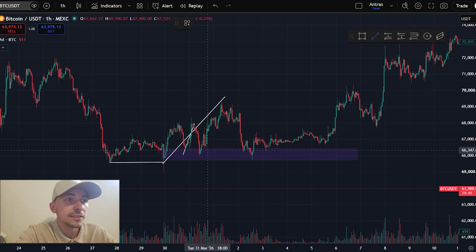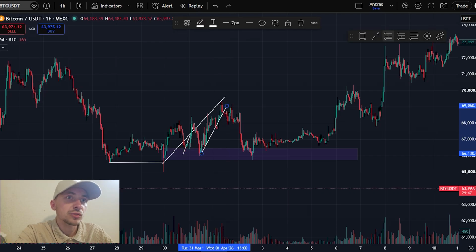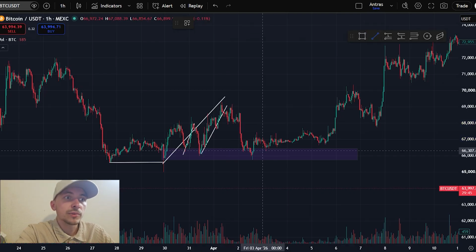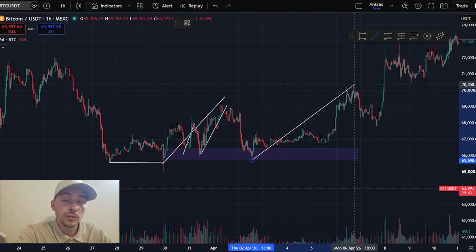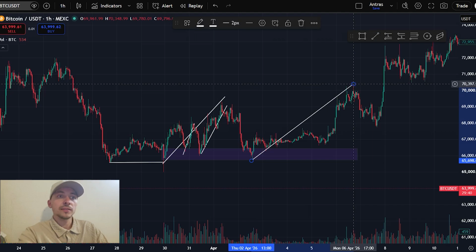As I'm saying, it's kinda the same as support and resistance, but support and resistance you're drawing on the bigger time frame. Supply and demand you're going on the lower time frame, which is 1 hour. 15 minutes maybe, but if you want to get the correct ones, you're going on the 1 hour. And if you're going on the 1 hour, your supply and demand zones are gonna be amazing.